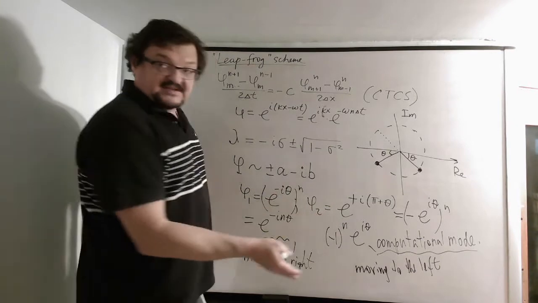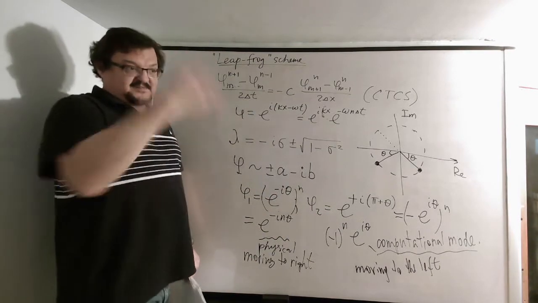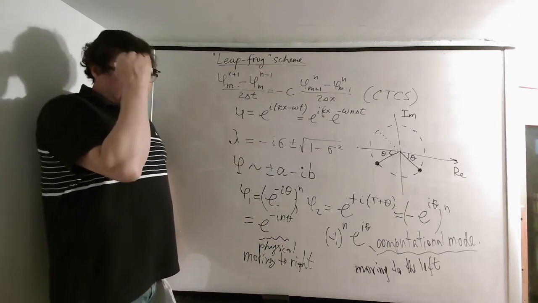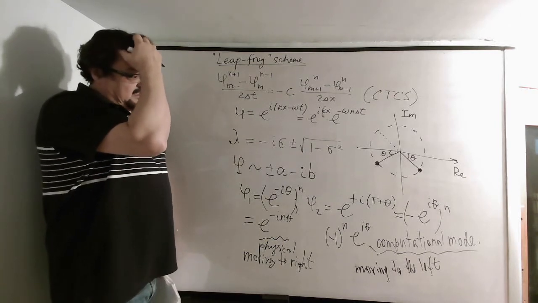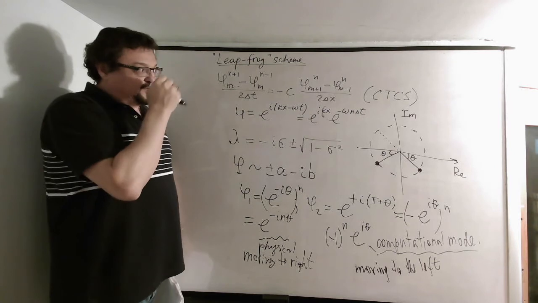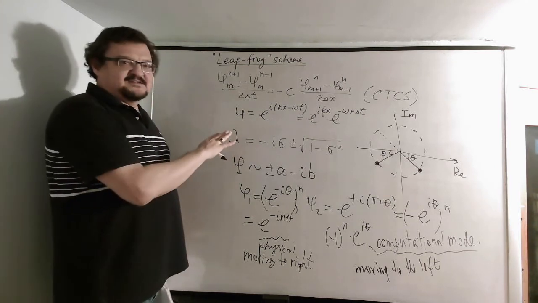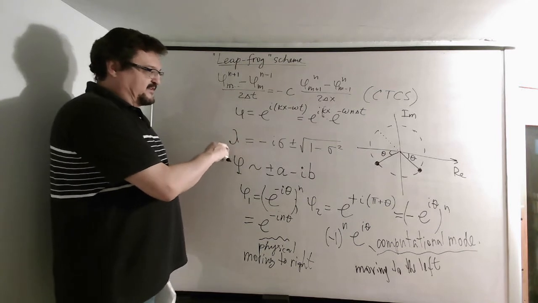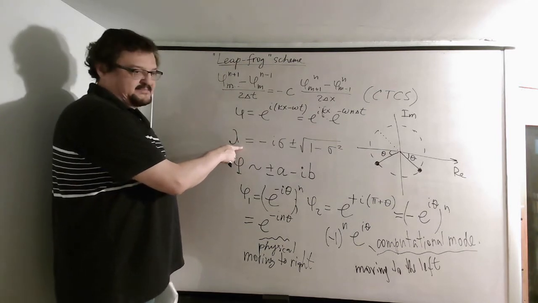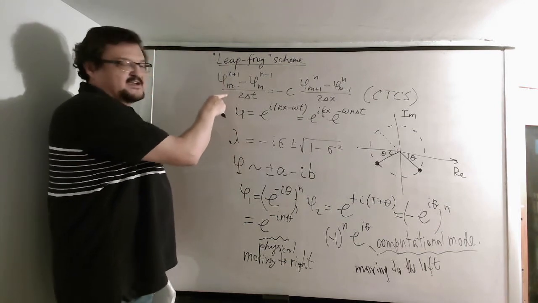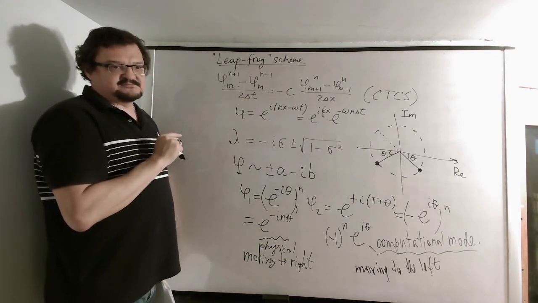First of all, it's moving to the left, and then it's flipping sign from positive to negative with each time step. So you see, this is not good. And this phenomenon arose from the fact that we have two solutions for lambda. And we have two solutions for lambda because we have 3 time steps here.